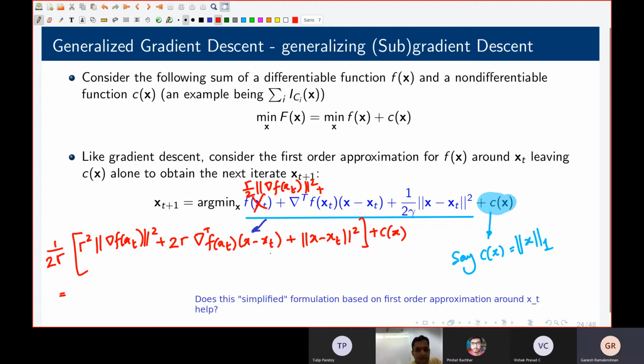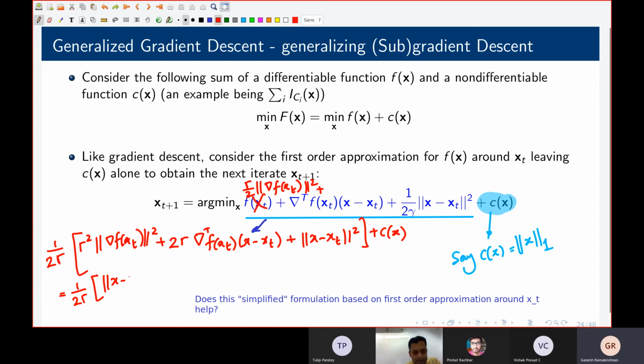Now, is there a way we can write this first term as a square, 1 upon 2 gamma times some square? What is that? Is it plus or minus? Okay.